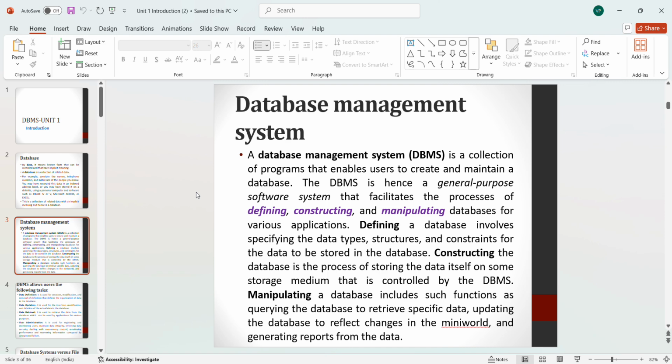What is DBMS? DBMS is Database Management System, a collection of programs that enables users to create and maintain a database. The DBMS is hence a general purpose software system that facilitates the processes of defining, constructing, and manipulating databases for various applications.